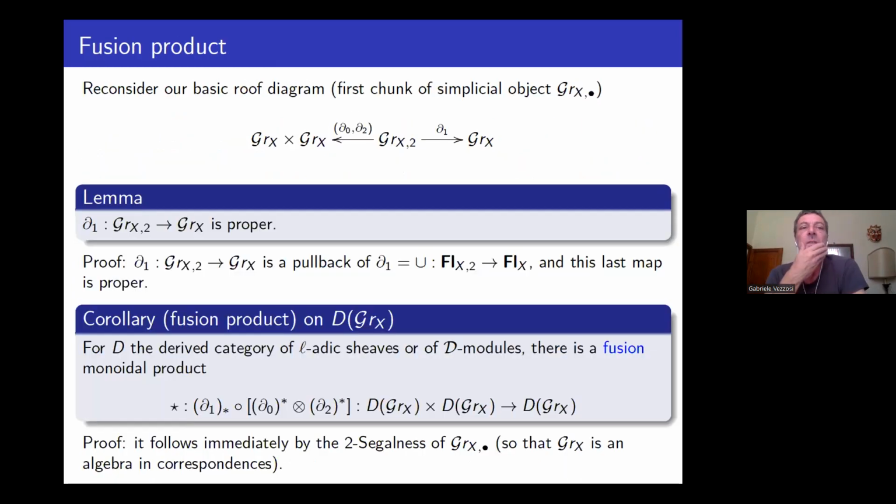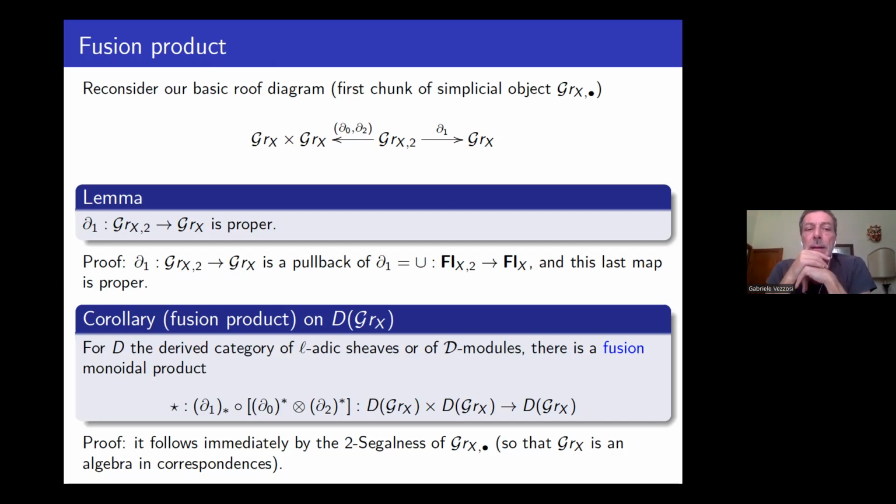Then we want to define something like a fusion product using this. So we reconsider level 2 to level 1, and we split the maps in two parts. Delta 1 is the one included in the union, and delta 0 and delta 2 are just the projections.